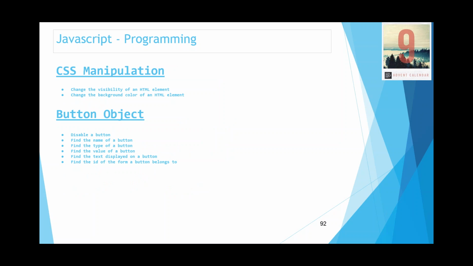So you can even do CSS manipulation. As I told you earlier, we can give class names to the elements. These class names you can change dynamically if you want, and you can even edit the style of any element. We also have button objects, which we can handle using JavaScript: disable a button, find the name of a button, find the type of a button.